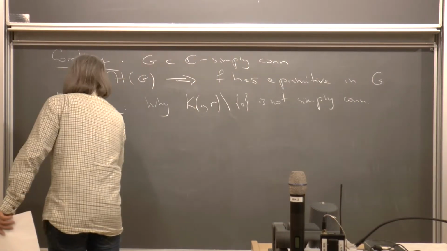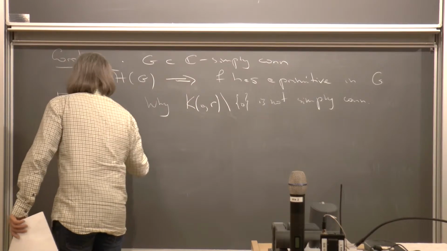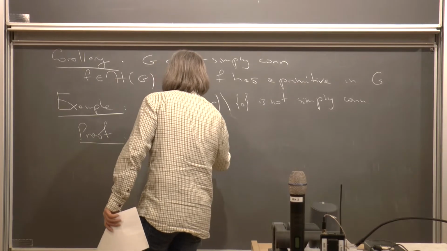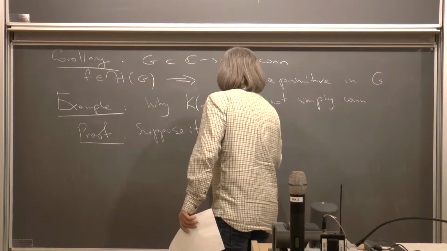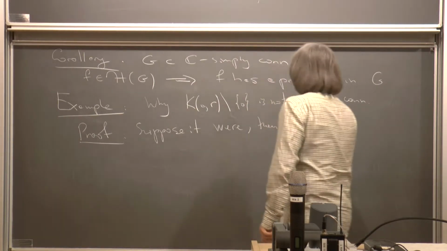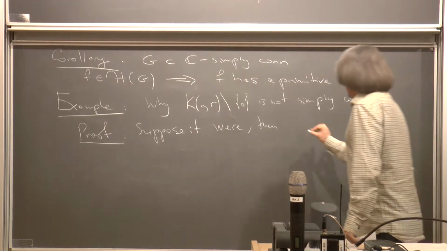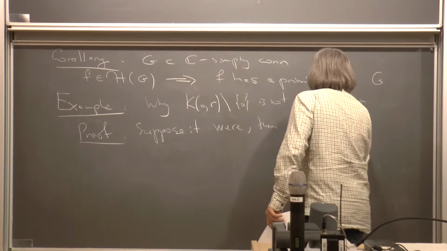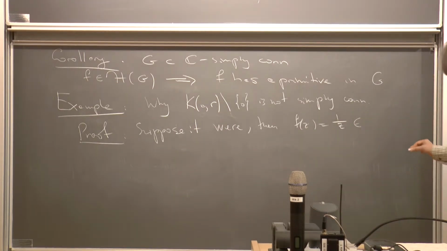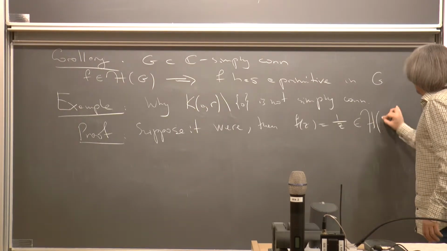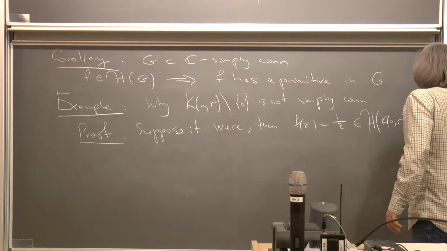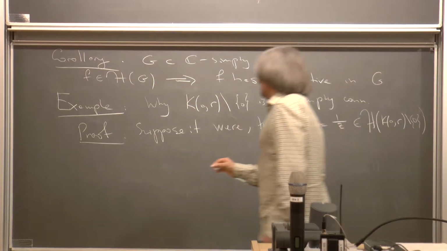Proof. Suppose it were. Then f of z equal 1 over z, which is certainly holomorphic in this area, would have had a primitive.